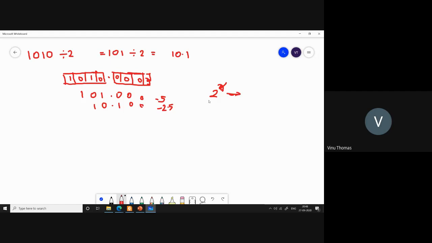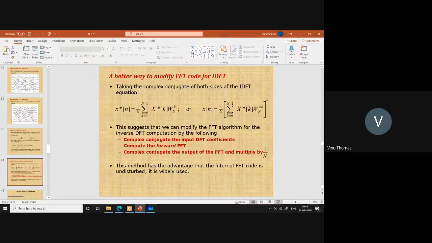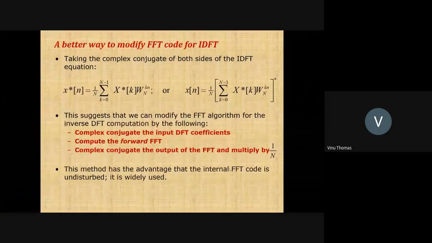Which means you don't have to do any actual division to perform division by n. So that structure is very straightforward. The advantage is that the internal FFT code is undisturbed and this structure is very widely used.